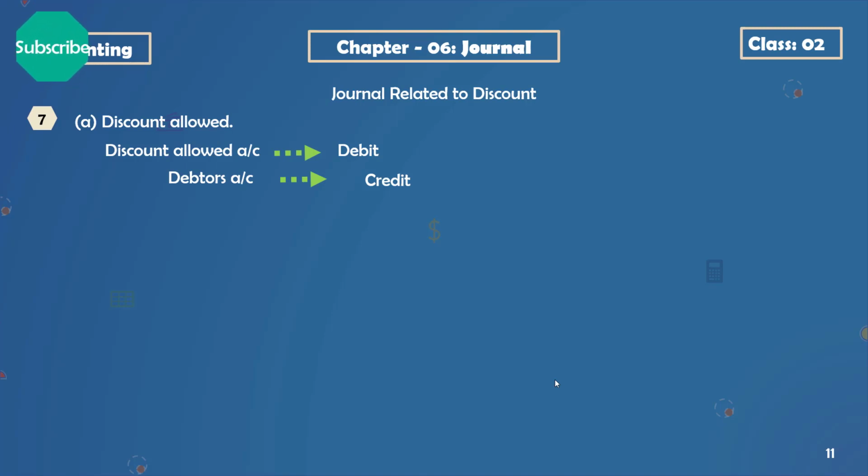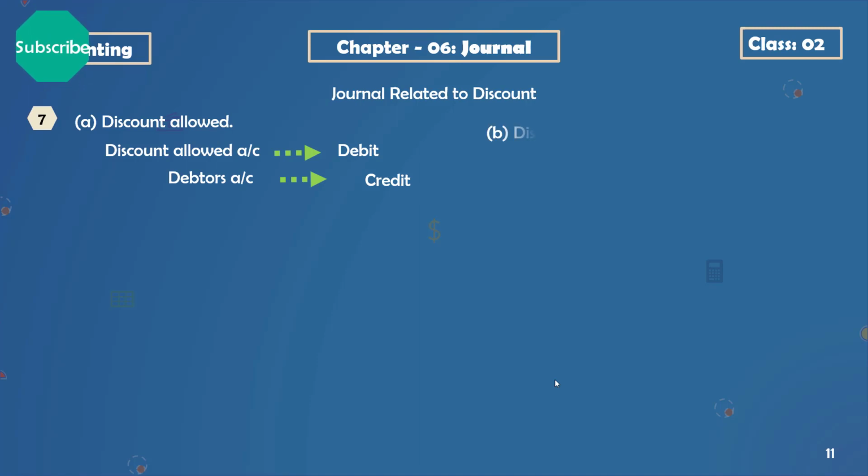You have to allow discount when your debtors pay you. So discount allowed account debit, debtors account credit.